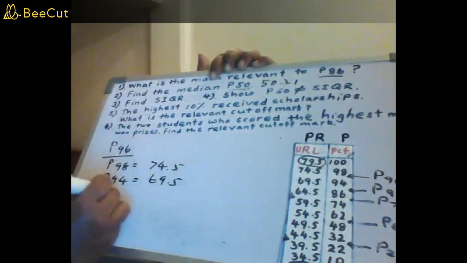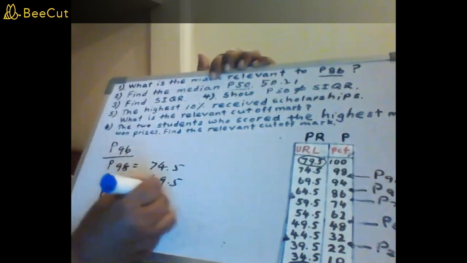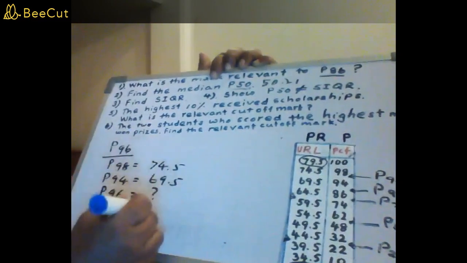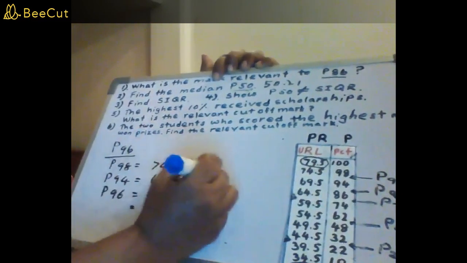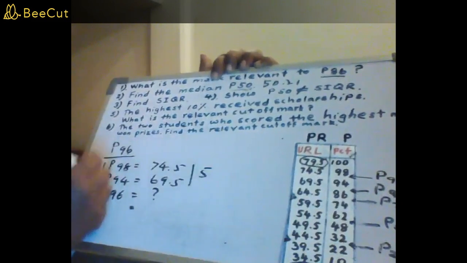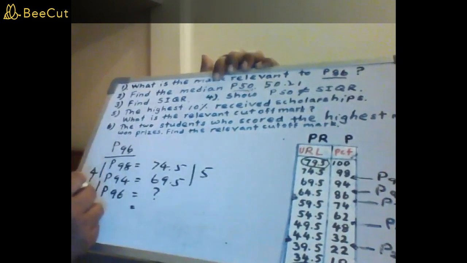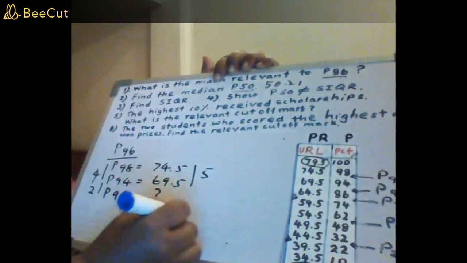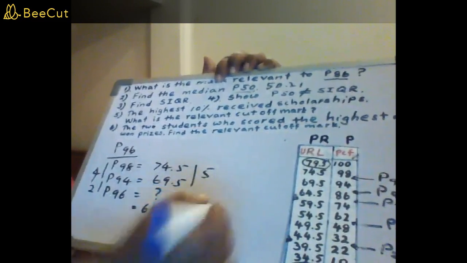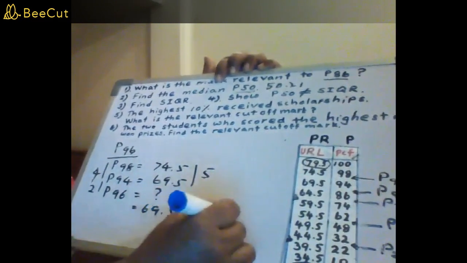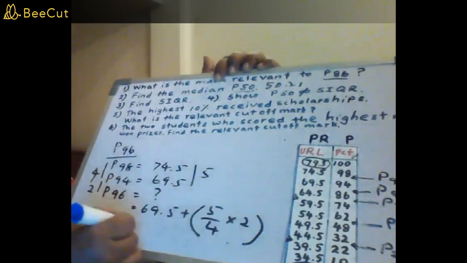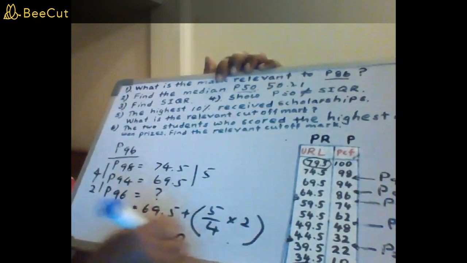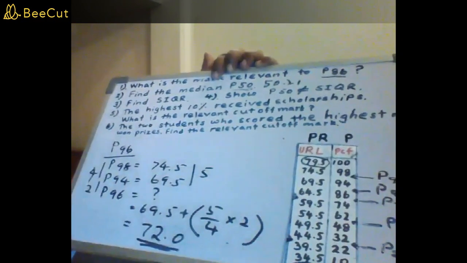We have to find P96. Then I have to get the differences. 5, here it's 4, here it's 2. Then 69.5 plus 5 divided by 4 multiplied by 2. The answer is 72. Do the calculation, right? 72.